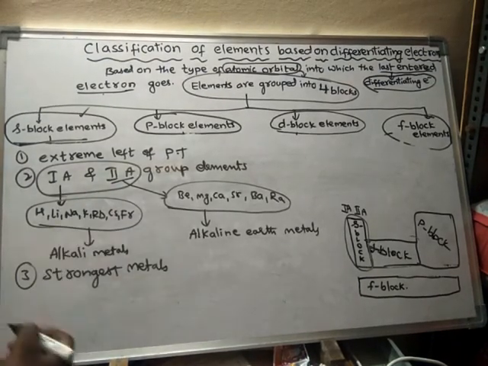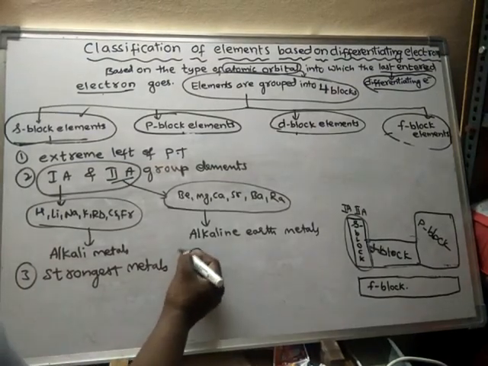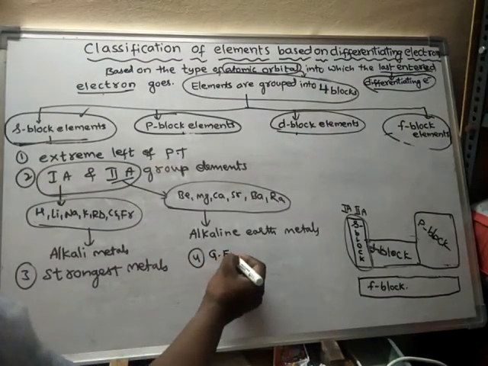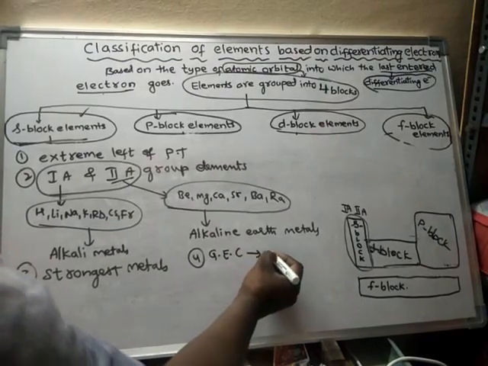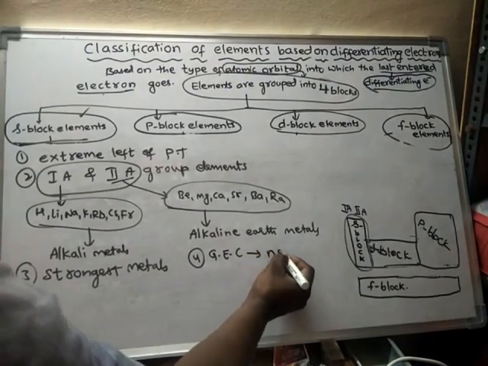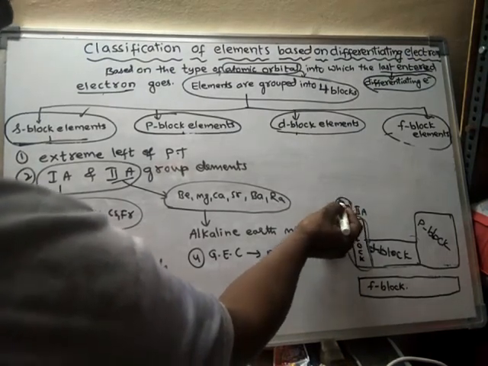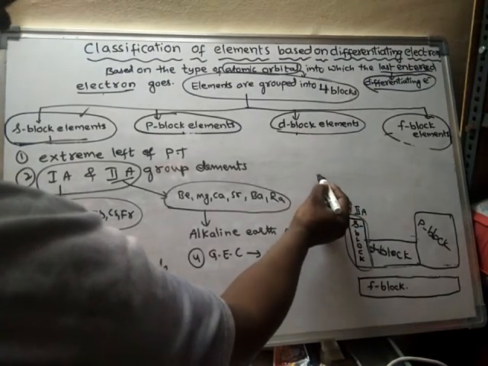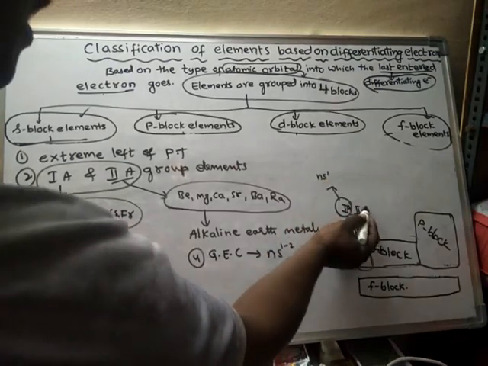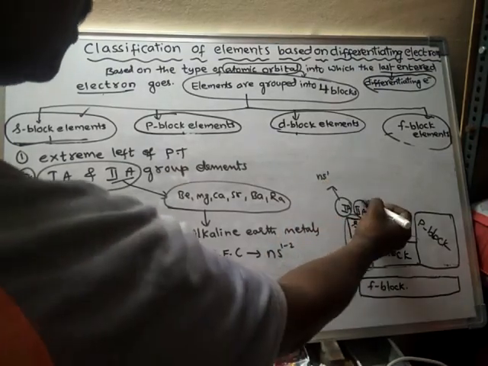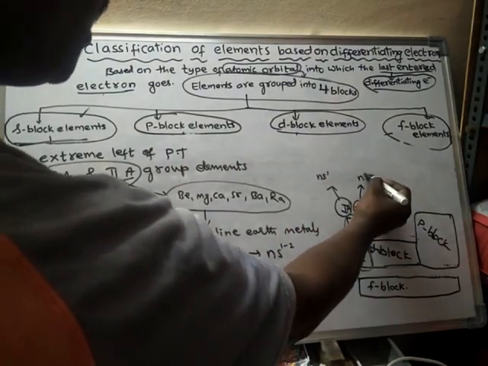Their general electronic configuration will be ns1 to 2. In the first A group, the outermost shell configuration will be ns1, and in the second A group the outermost shell electronic configuration will be ns2.